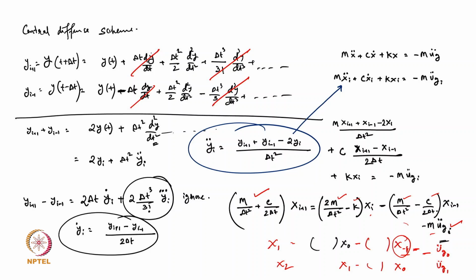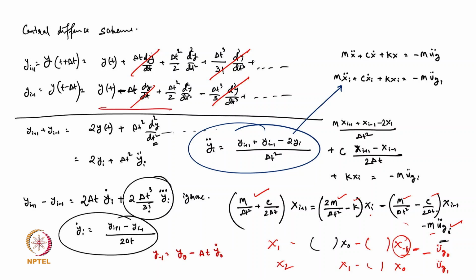Yeah, so x minus 1 we can actually get from here. If you see that equation, you can see that y minus 1 should be equal to y0 minus delta t into y dot 0.